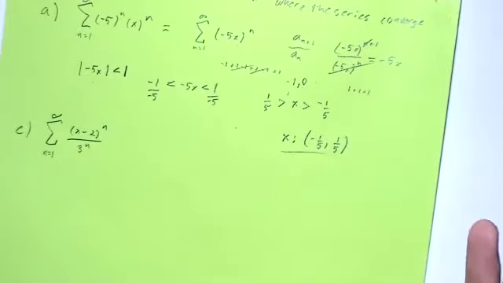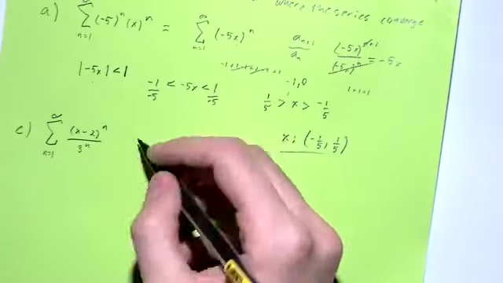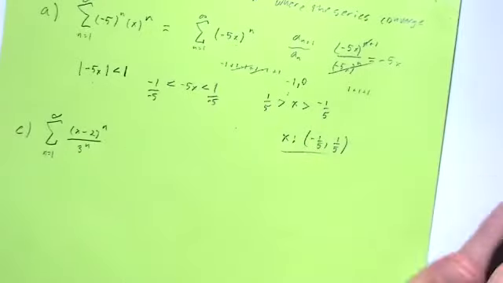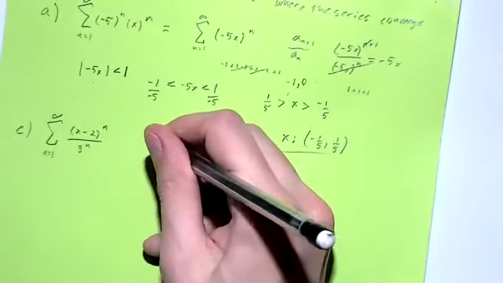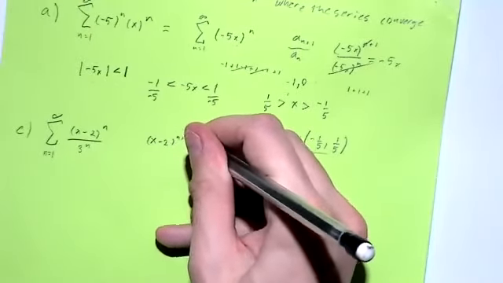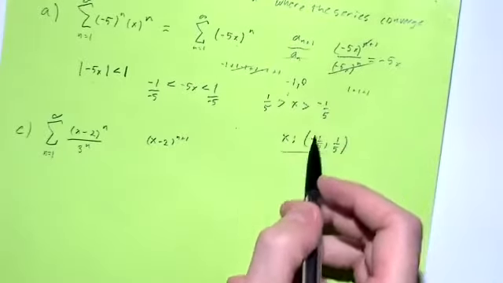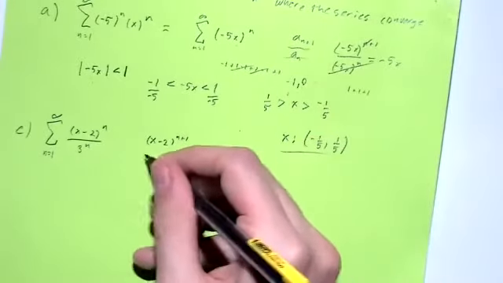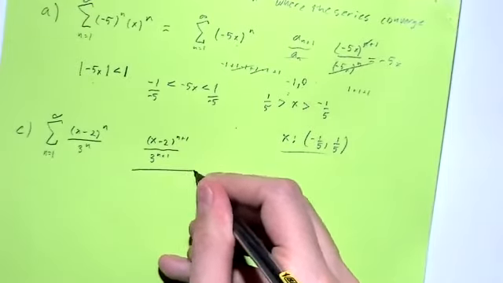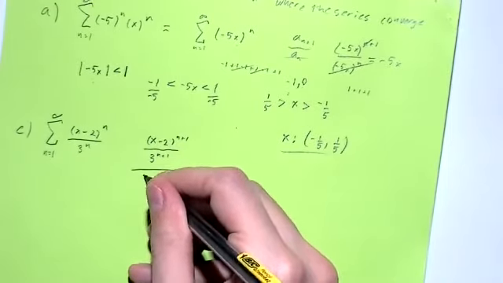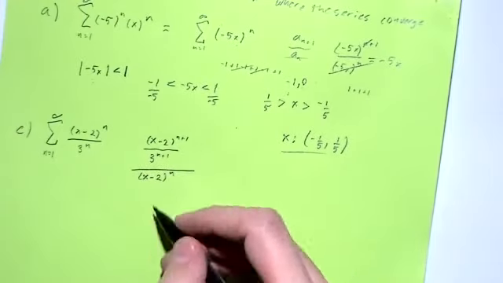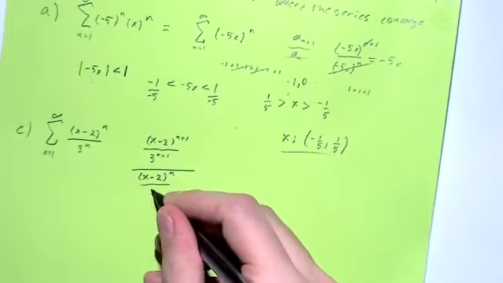So I use a ratio test. There are two ways that you can really write this, whichever way you prefer. I prefer this way. This is our n plus 1, because again, we're using that bit right there, (x minus 2)^(n+1) over 3^(n+1). And then I just draw my fractions on top of each other because I'm weird. And then (x minus 2)^n over 3^n.